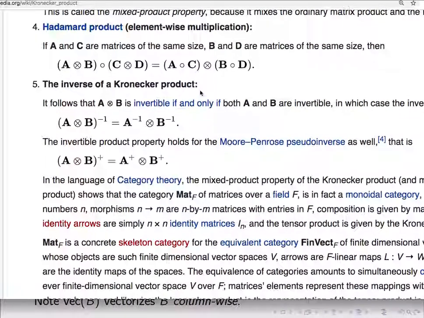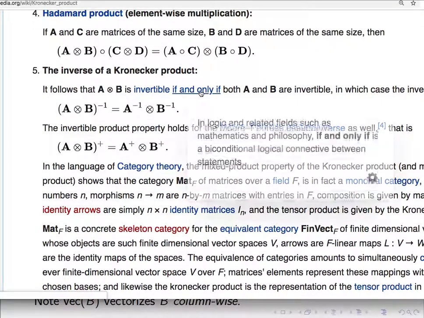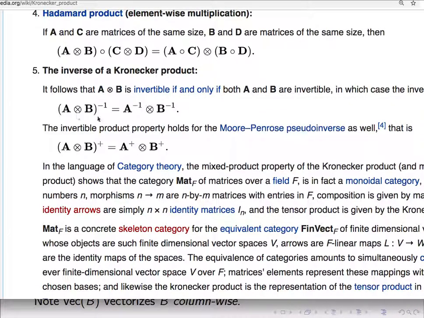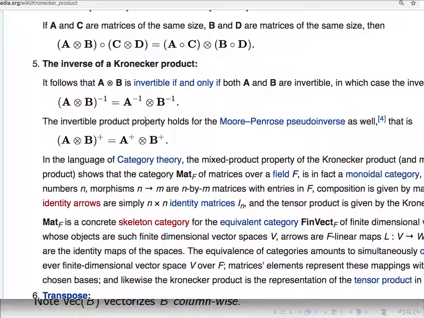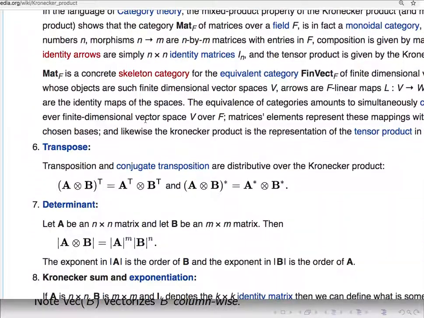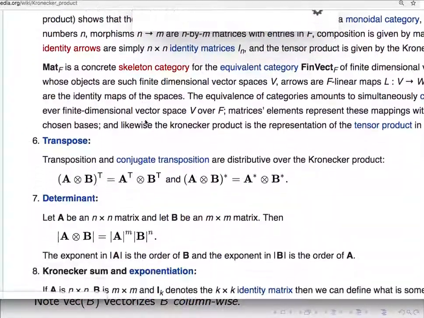This is the first property, and it is interesting. The second one is about the inverse. The inverse of the Kronecker product of A and B will be equal to the Kronecker product of the inverse of each matrix. These are very nice properties.